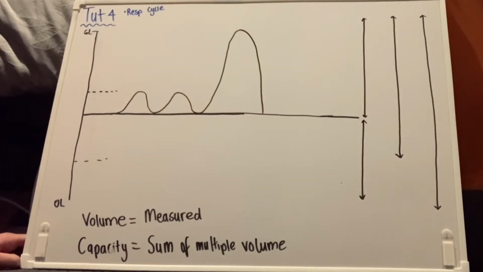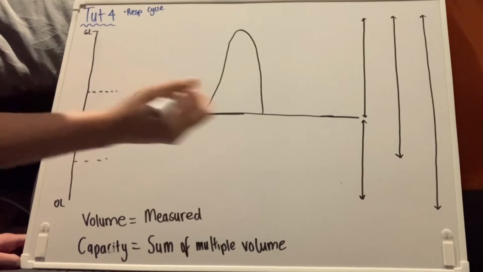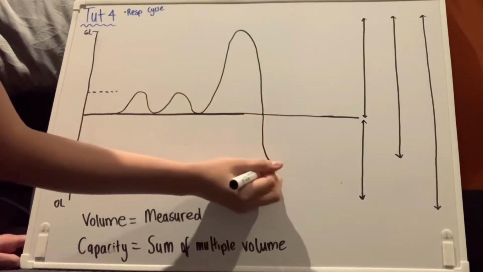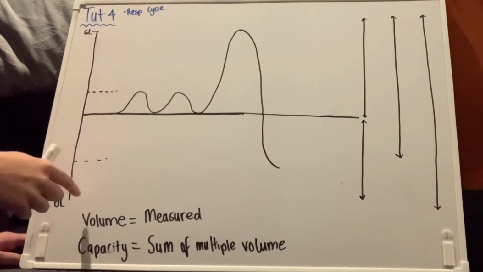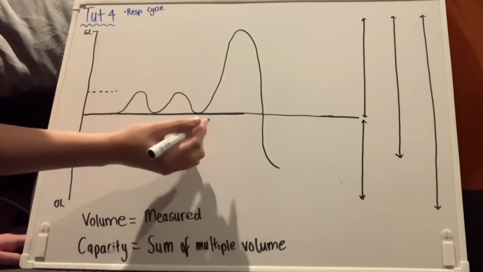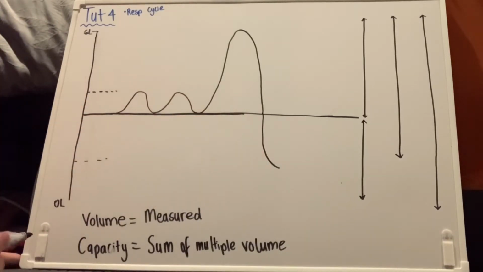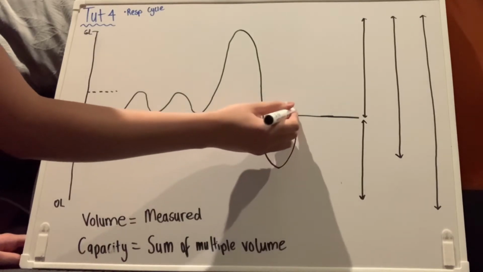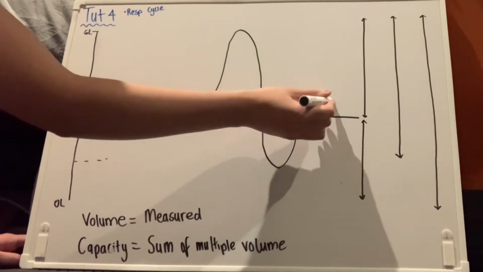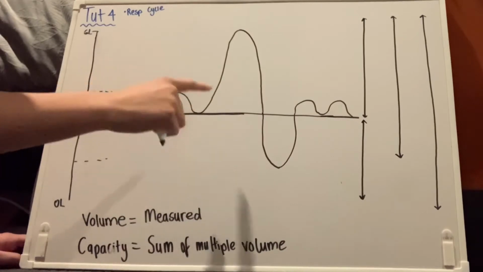And say you want to get all of the air out of your lungs now. You go and you push it all out. But you couldn't get all the way down to 0. And we'll talk about that when we come to these volumes. So when you inhale, you reach a point, and then you go back up, and say you just go back to normal breathing, aka these normal lines.